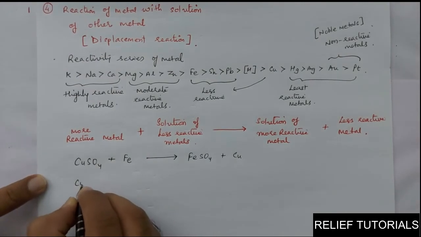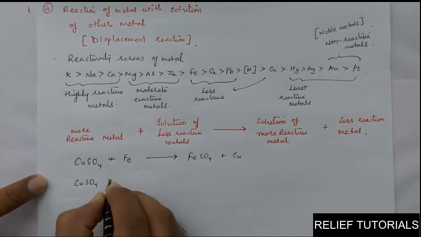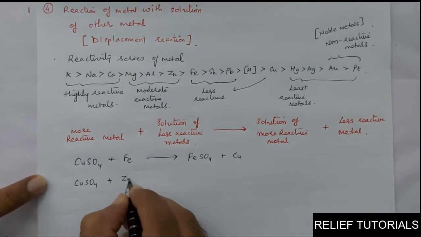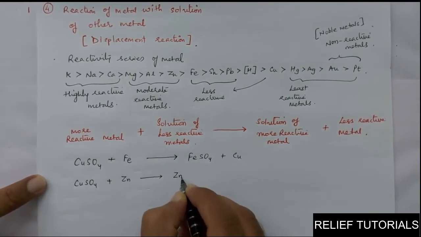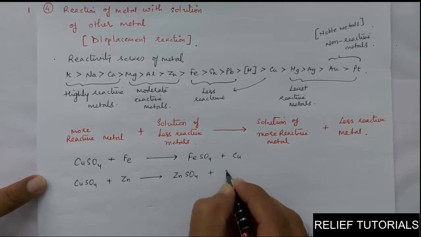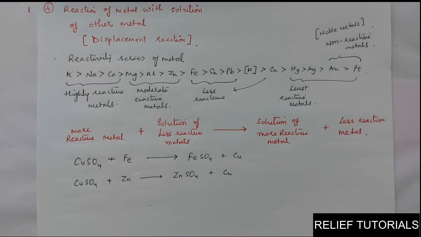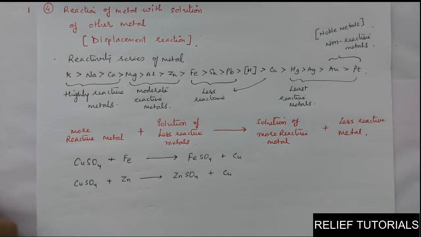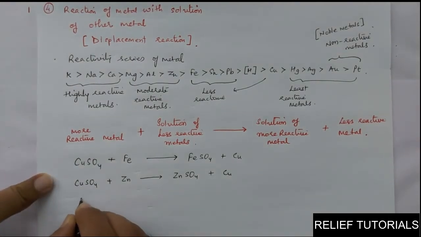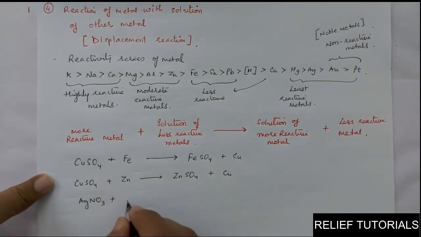Consider again CuSO4 copper sulfate solution, and if you add zinc in that, then it forms zinc sulfate ZnSO4 and copper again liberated. Thus, less reactive metal always gets displaced by more reactive metal. For example, let us say solution of silver nitrate AgNO3, and if you add copper in that.